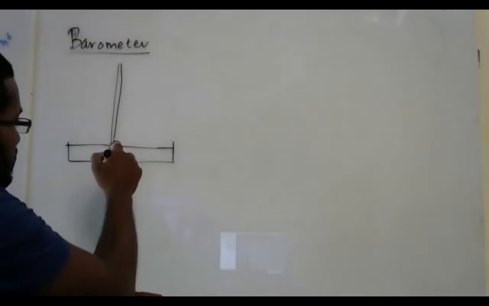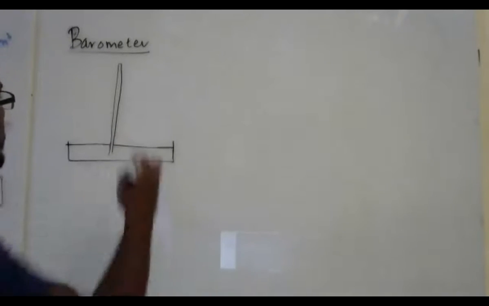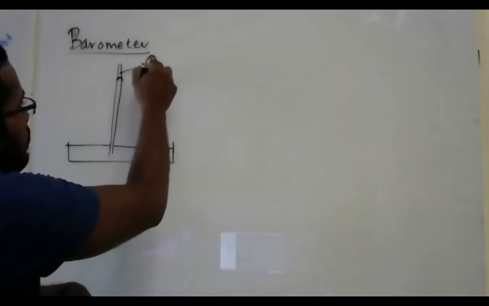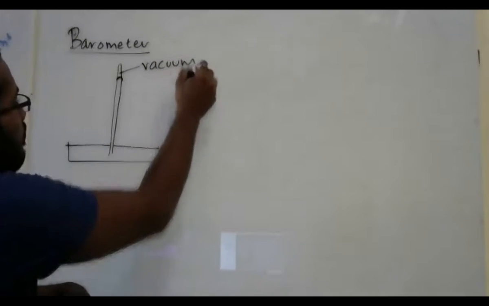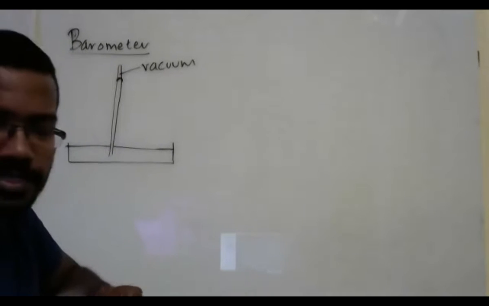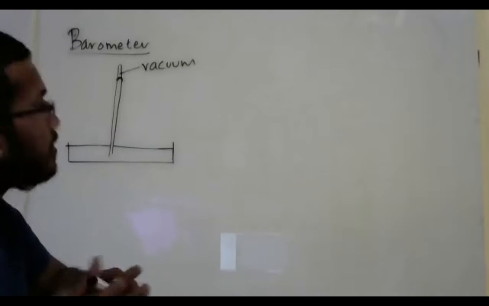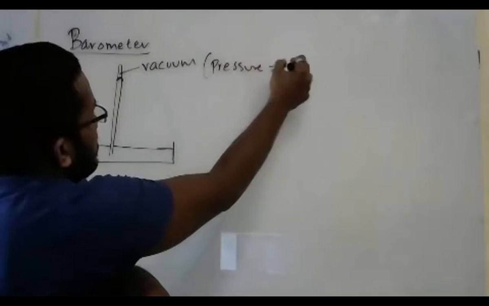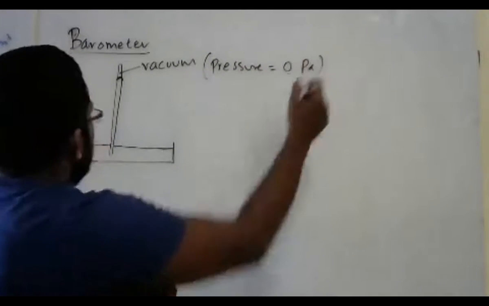This is like a manometer, but the difference is that you use mercury, and this is a vacuum. A vacuum is where there is zero pressure, so the pressure equals 0 pascals.